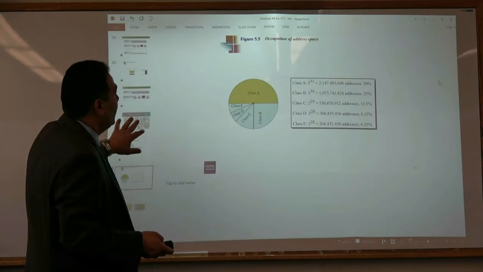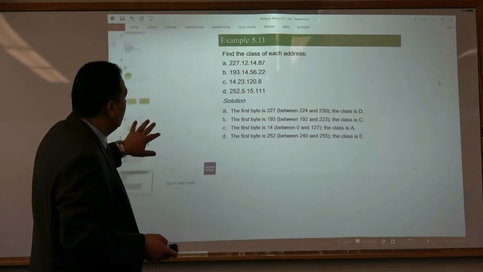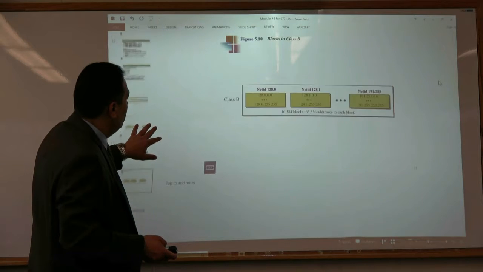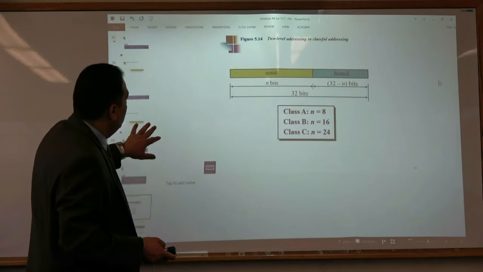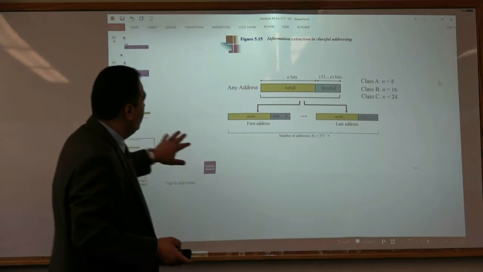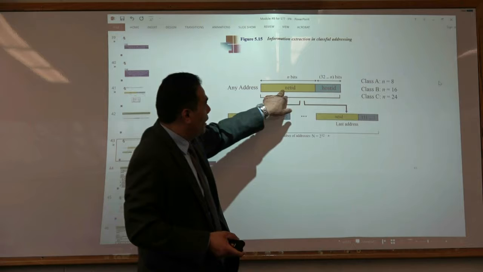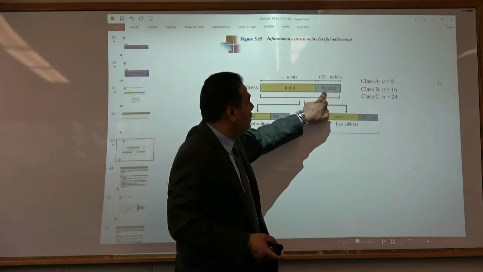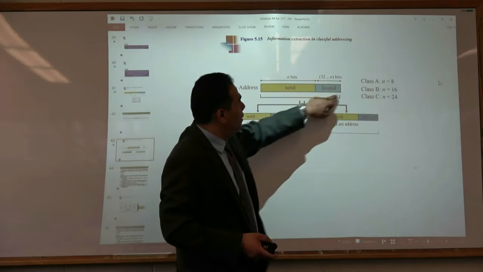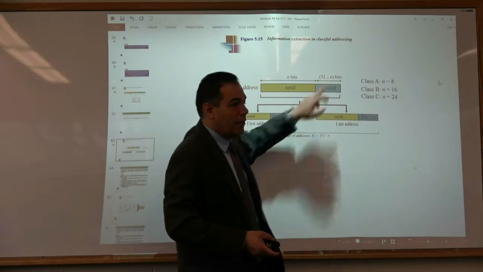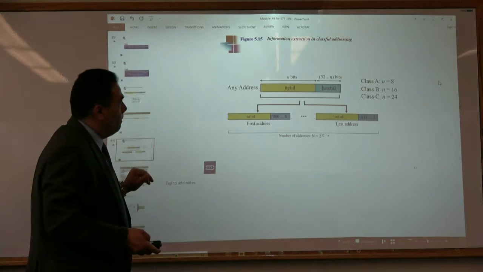So we finished the classful part. For example here, this is the network ID, this is the host ID. If the network ID is n bits, the host ID will be 32 minus n, the remainder.